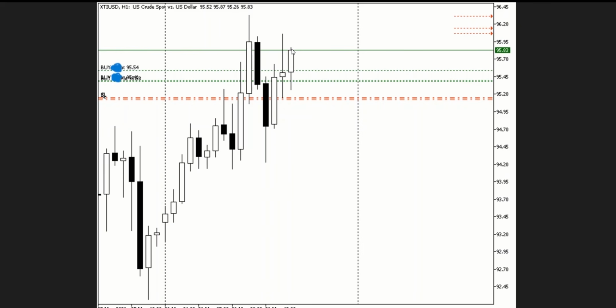I was supposed to add another one here, but I mind more about how much I'm risking. It's not about how much you can make, it's how much you are risking as well. So that's where I scaled in, and it went 120, 130. Okay, so this is the one for oil.